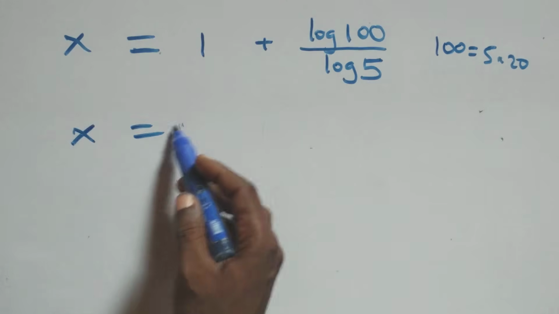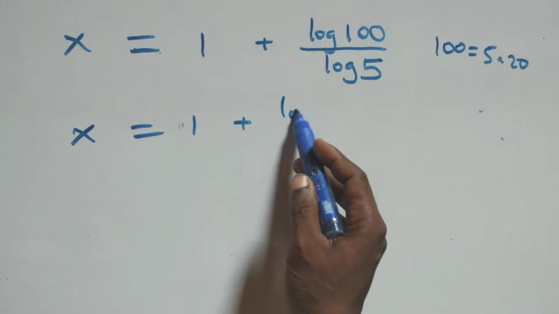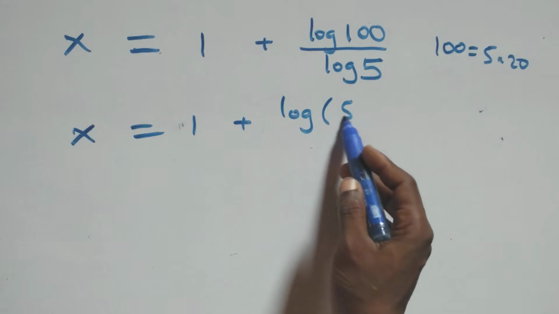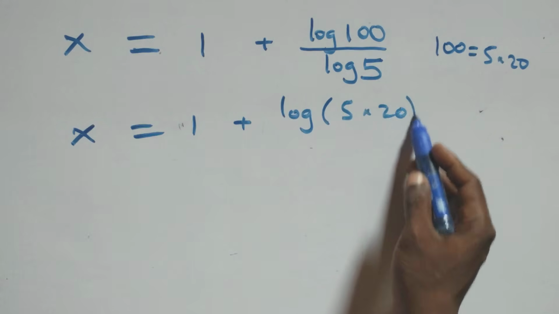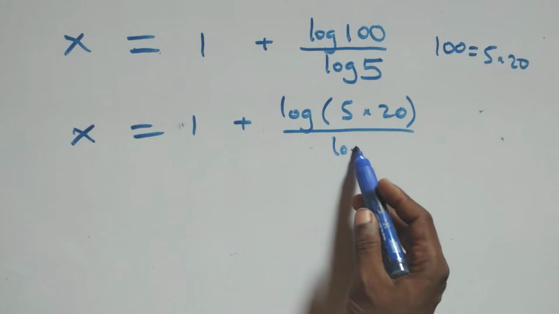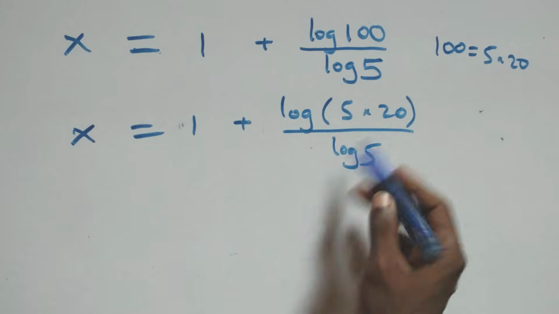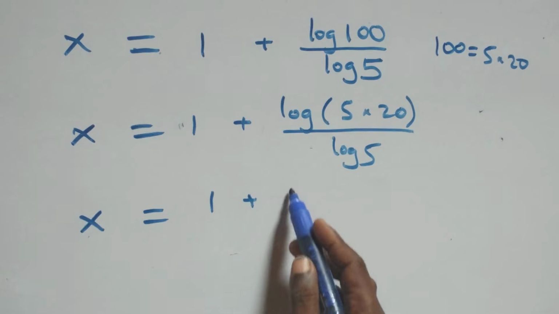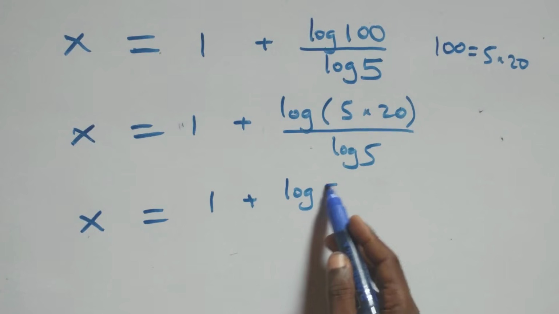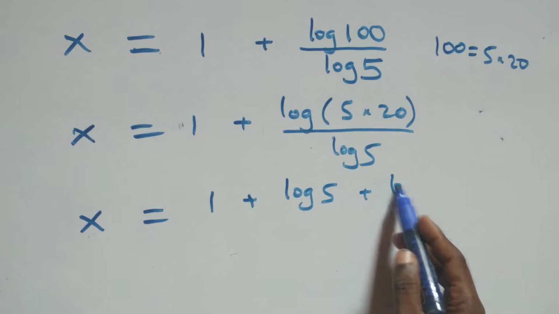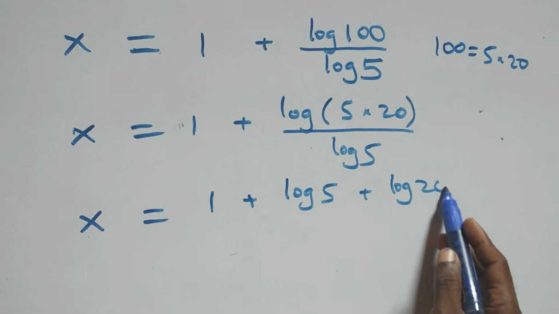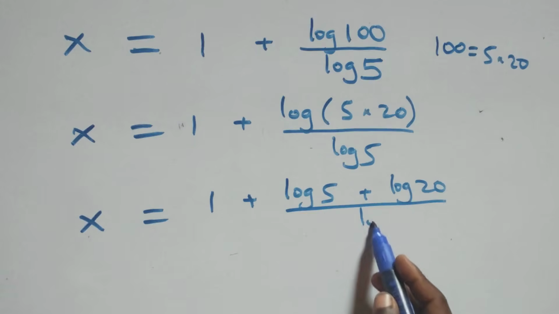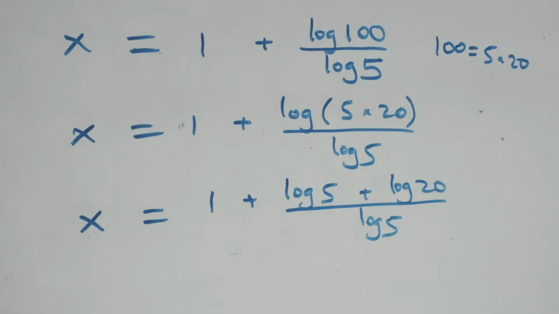Then next step here, 100 can be expressed as 5 times 20, which implies we have x equals 1 plus log 5 times 20 over log 5. Then this also follows the law of logarithm, and we have x equals 1 plus log 5 plus log 20 over log 5.